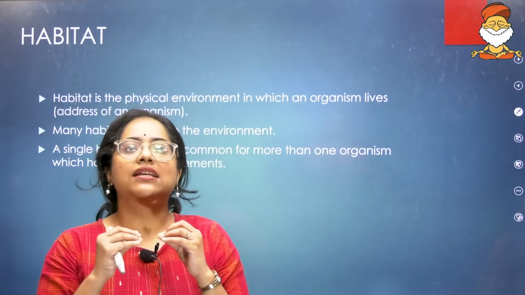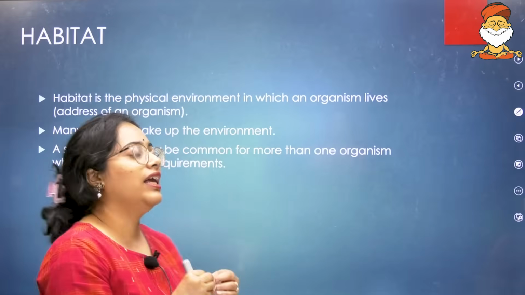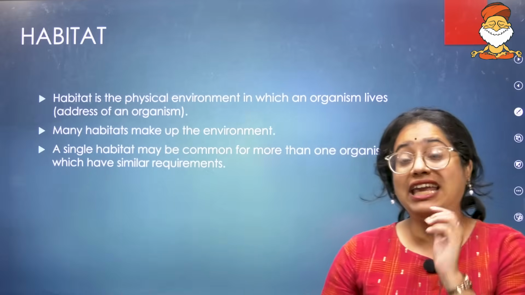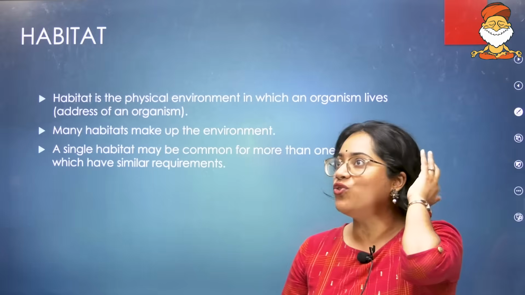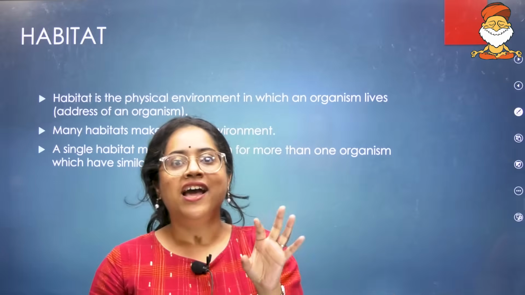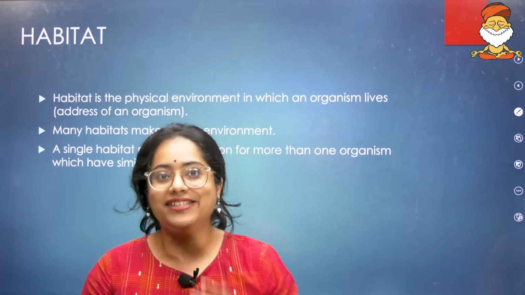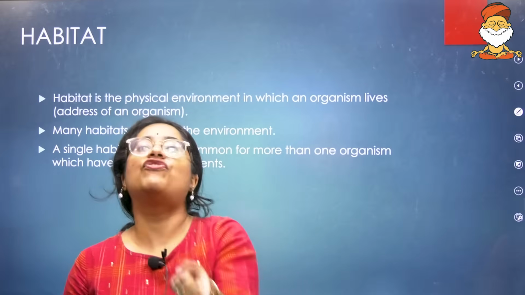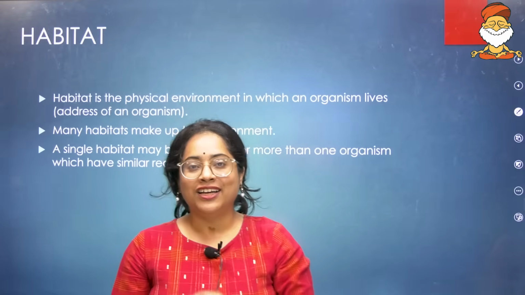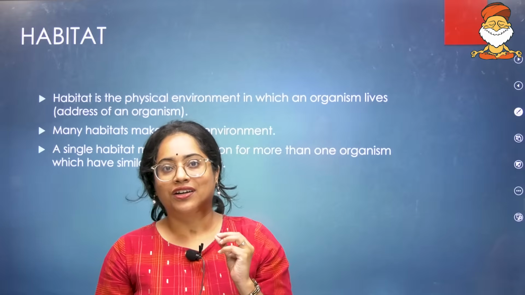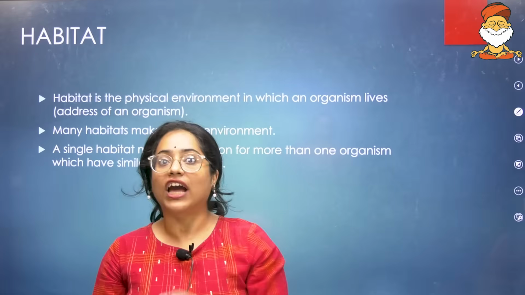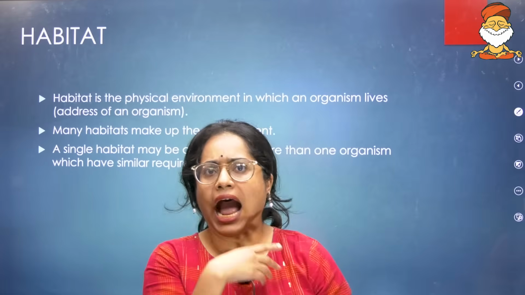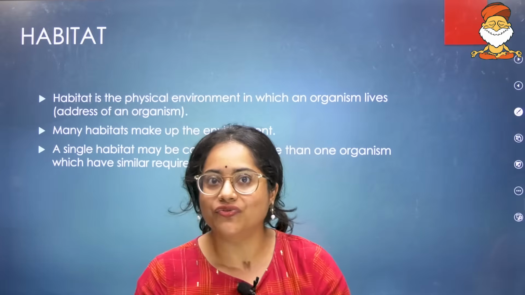Habitat is literally, I could say, the address of an organism. This is something that I keep telling students, but a lot of you just use it like a definition. I'm telling this to make you understand certain concepts. So if I'm saying habitat is the address of an organism, what does it mean over here? Address of an organism means if that organism is not there, I cannot define the address of it.